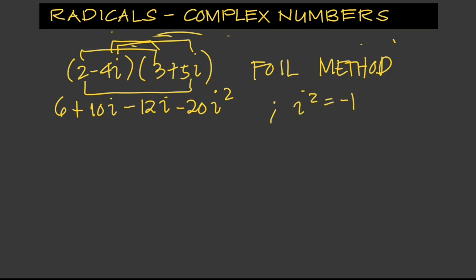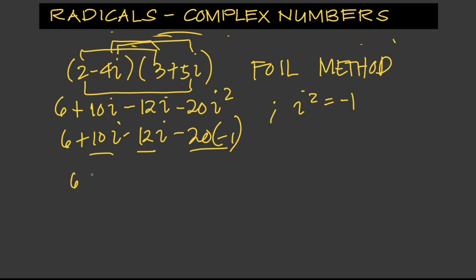So that is 6 plus 10i minus 12i minus 20 times negative 1. Then we further simplify this and combine like terms. 10i goes with 12i, and negative 20 times negative 1 becomes positive 20.